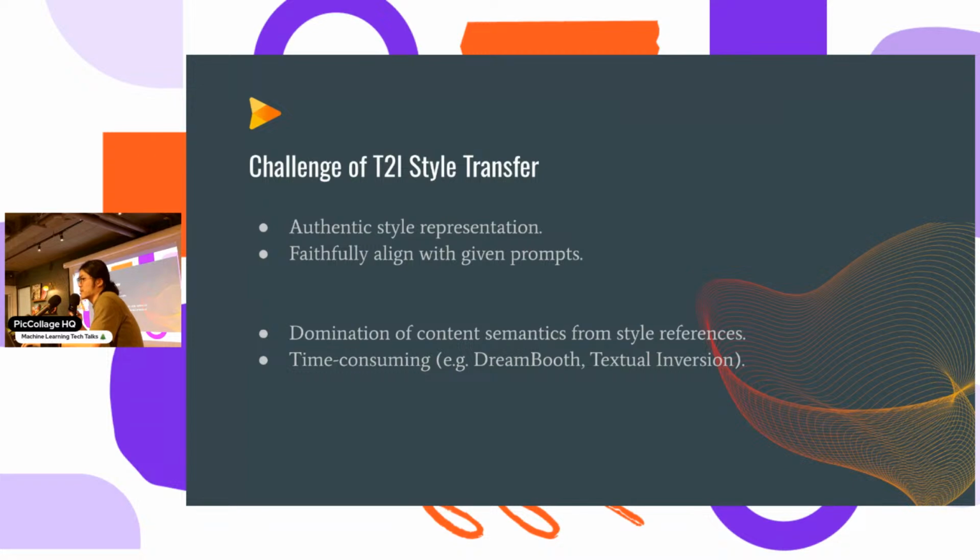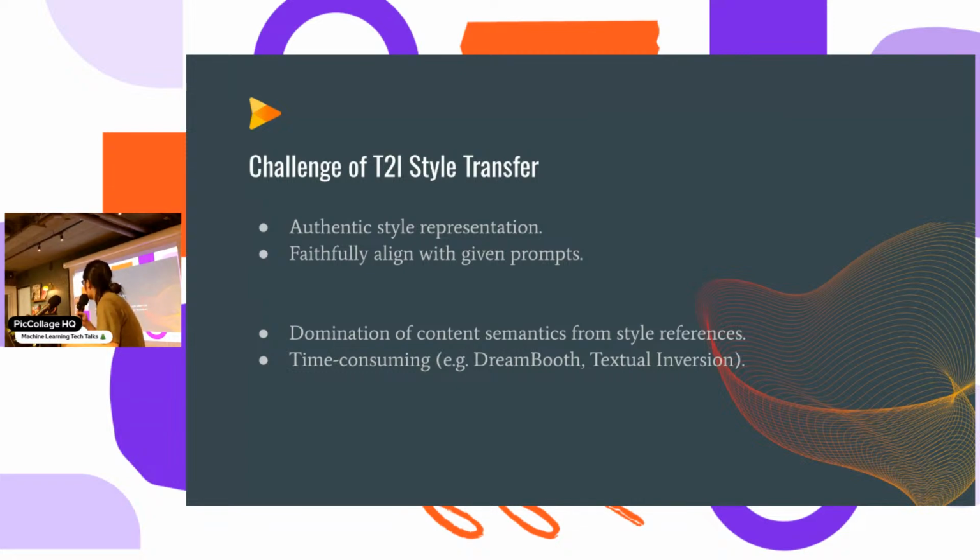So for the existing T2I style transfer models, we have two major problems. First of all, the most significant one is that the result will usually be dominated by the content structure from the style reference. It means that the content will not be decided by the prompt, but by the style reference. So the prompt will be ignored. We lose the control.